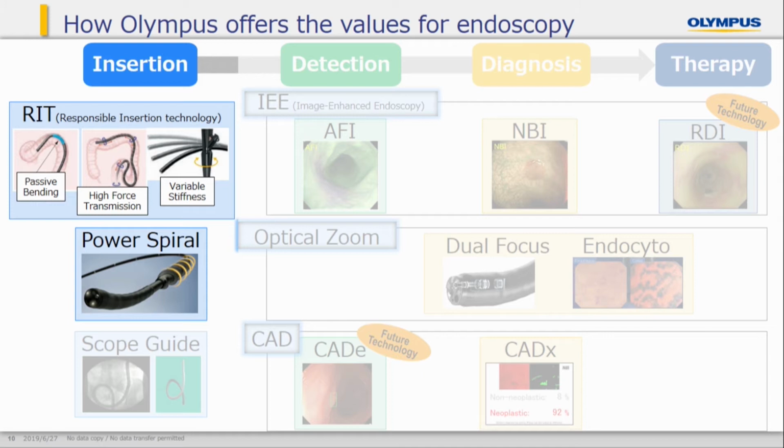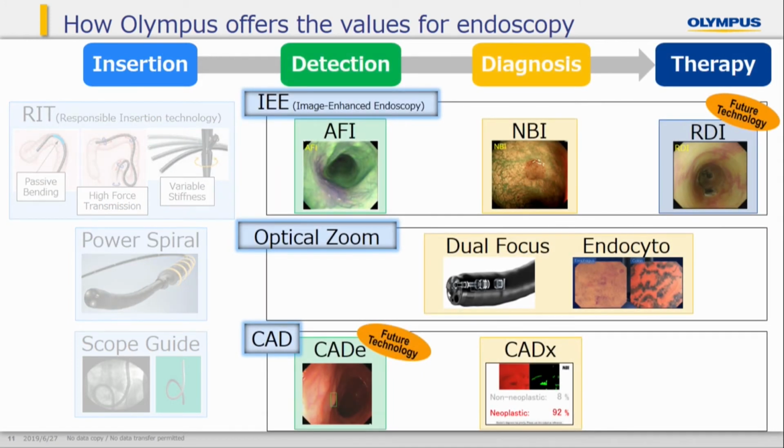So let's move on to the next function features for the detection, diagnosis, and therapy. This time, I have selected three major functions: IEE, optical zoom, and CAD. In terms of the IEE, the image enhanced endoscopy.